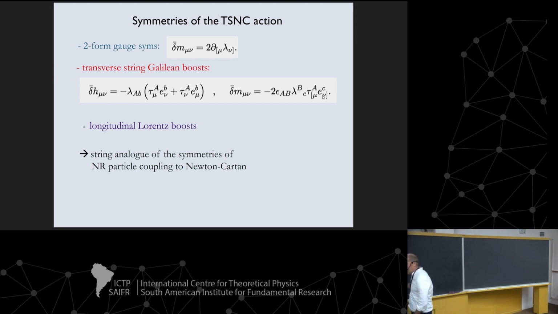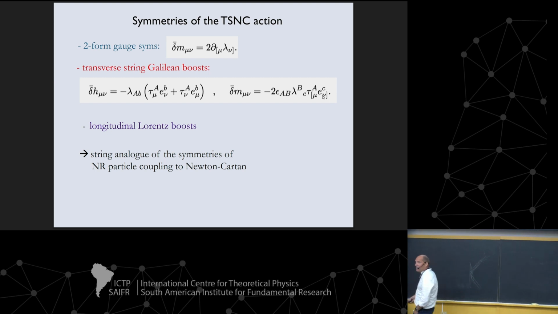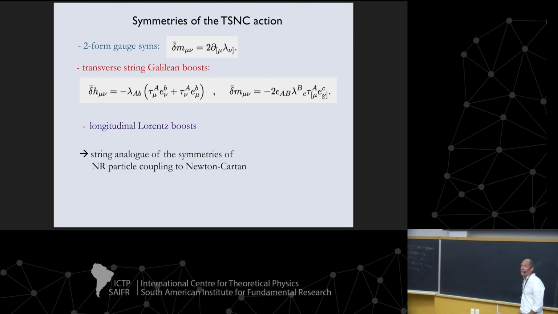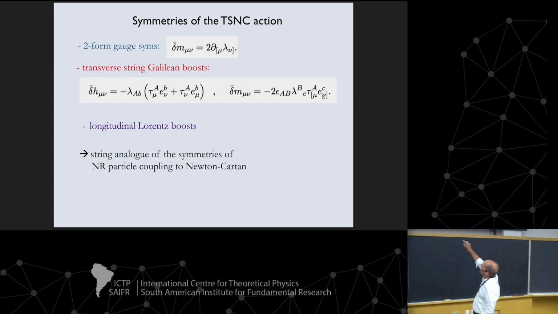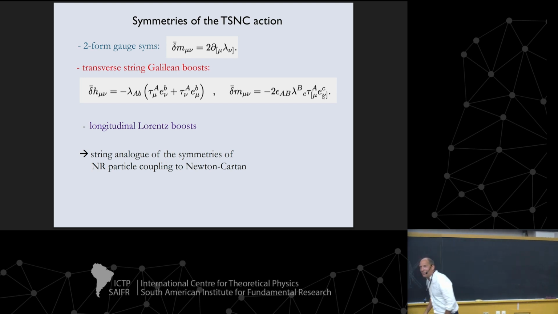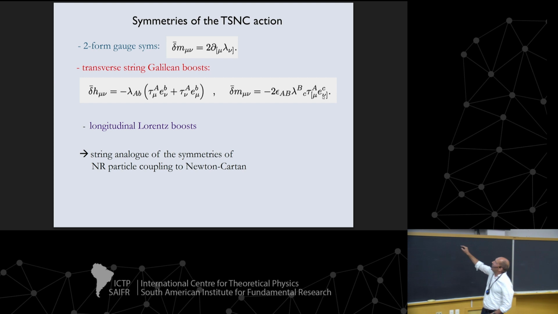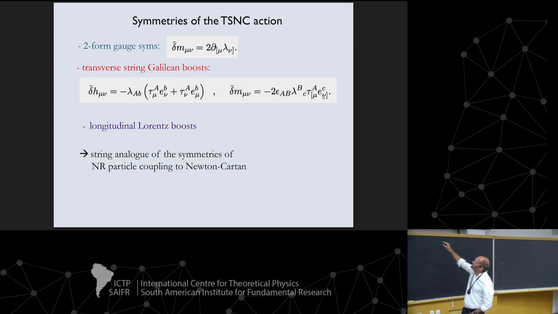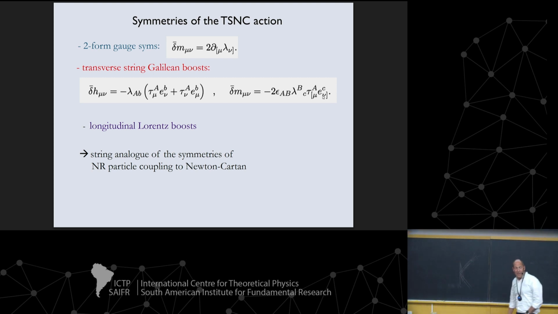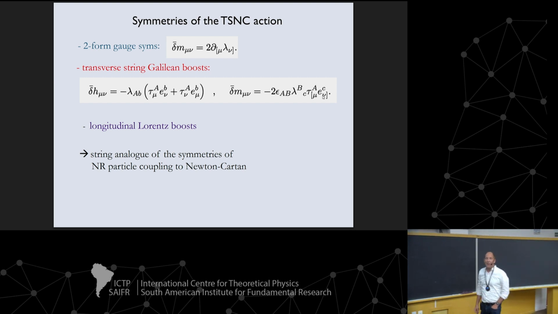The essence is that there's no Lorentzian boost anymore, but there are Galilean boosts in the transverse directions, parameterized by a boost parameter lambda AB. So again, for a particle, there wouldn't be a worldsheet index A, so lambda would just be a Galilean boost parameter, like the velocity, say. Now you have a matrix of Galilean boosts, and under such transformations, you can see that the actions are invariant, and you can actually also make corresponding connections and curvatures that are invariant under these symmetries.